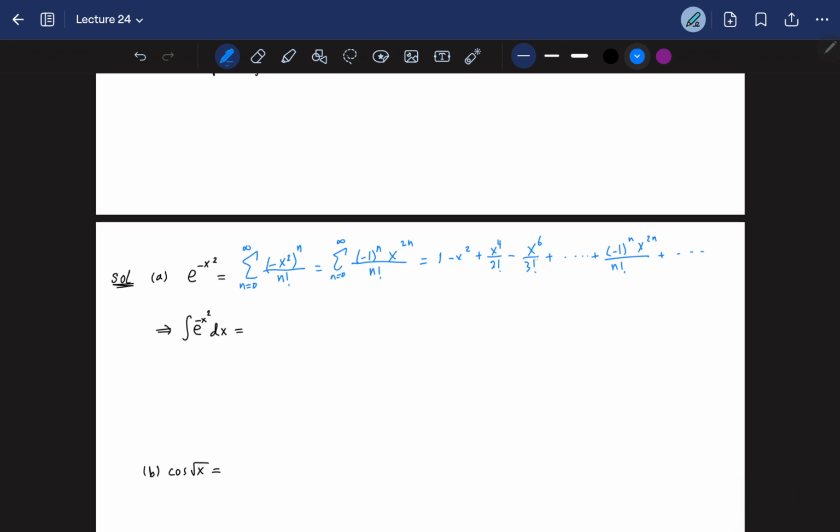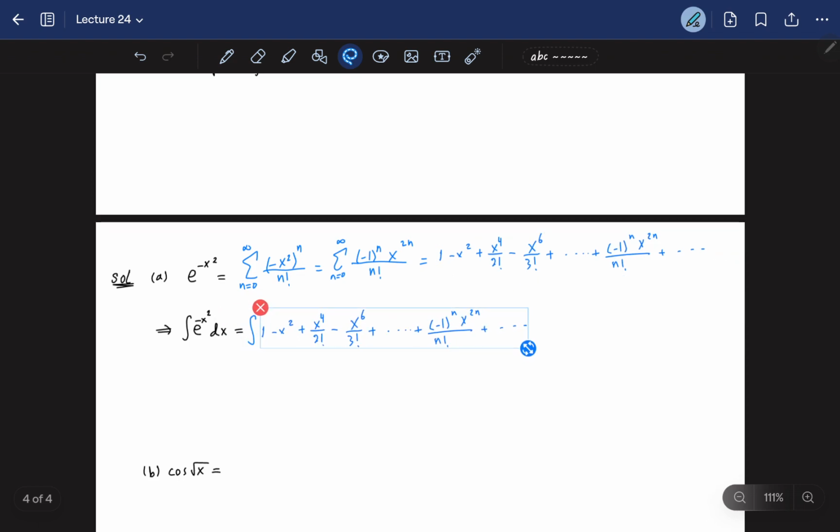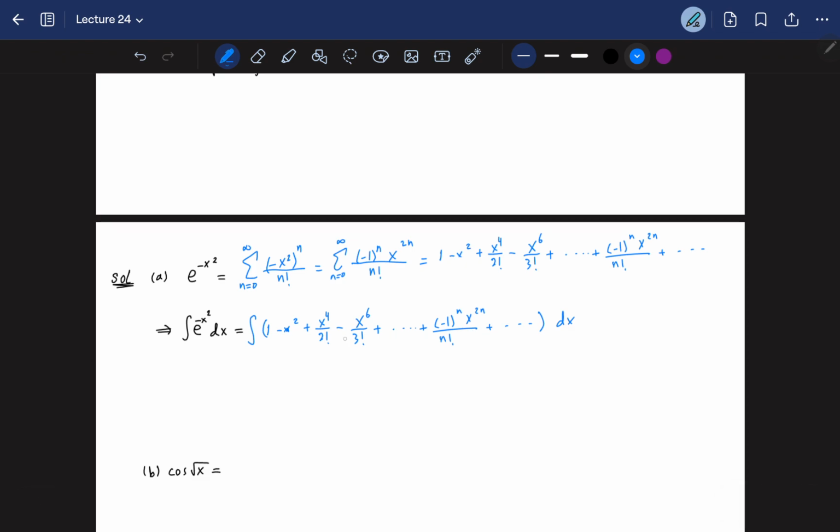Now if you take this integral with the expanded form of your power series, we can easily evaluate it because I can distribute my integral over the sum and integrate each term separately.